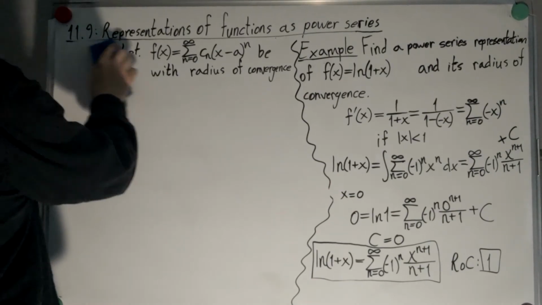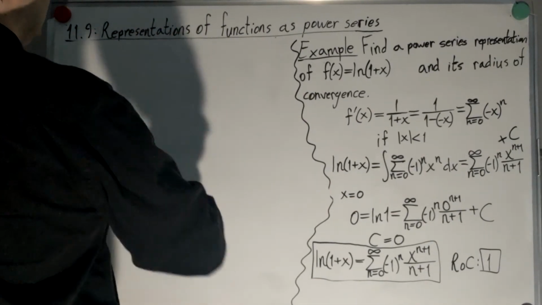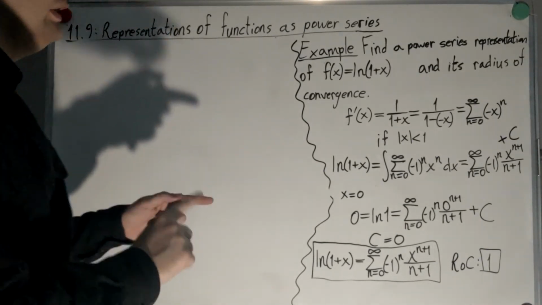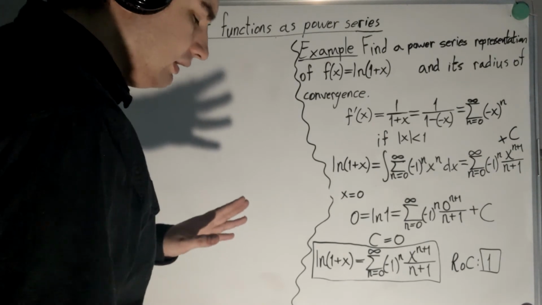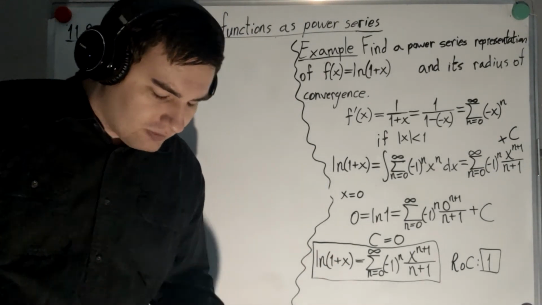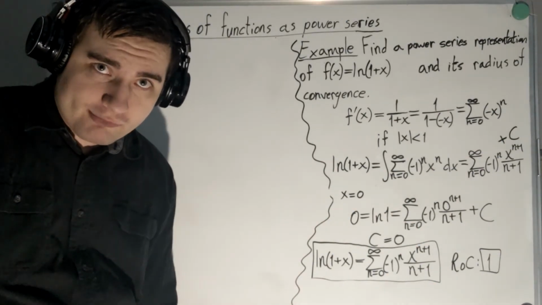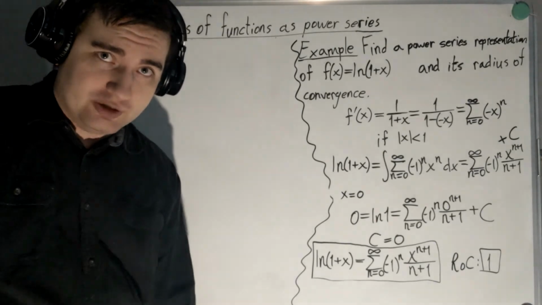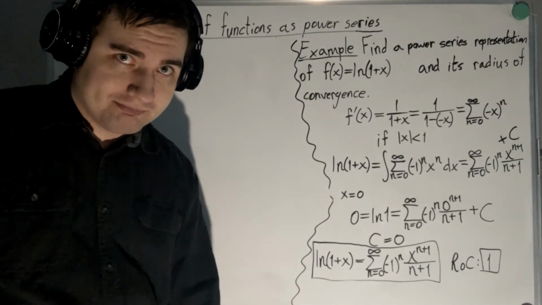So, there's just one more thing that we need to discuss. A lot of these power series, depending on what you put in for x, could become an alternating series. And if it becomes an alternating series, then it might pass the alternating series test.